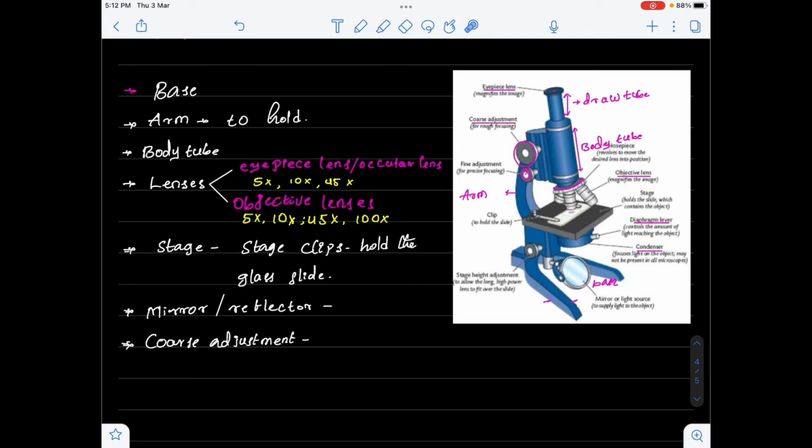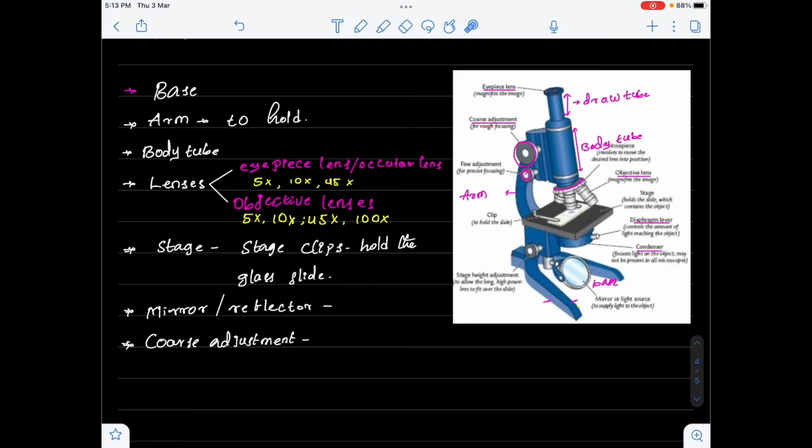Now let us talk about the other important parts of this compound microscope. The coarse adjustment is rotated in both directions. When we rotate it, the entire body tube along with the draw tube and objective lenses can move up and down.